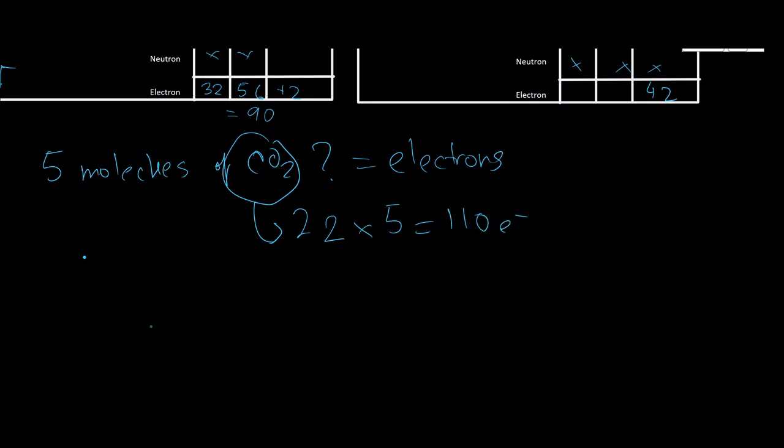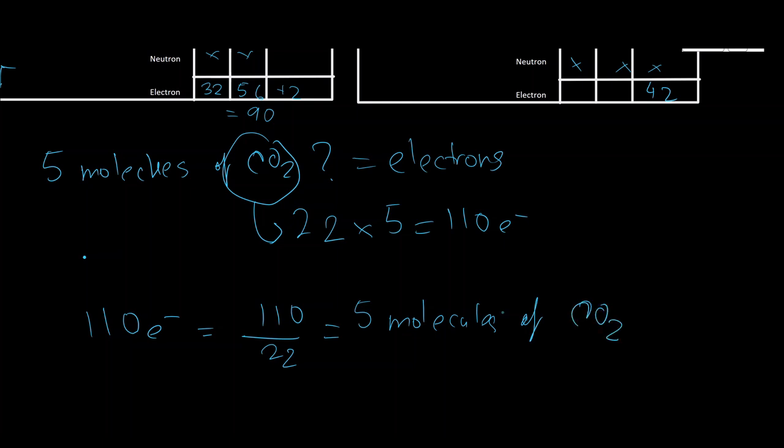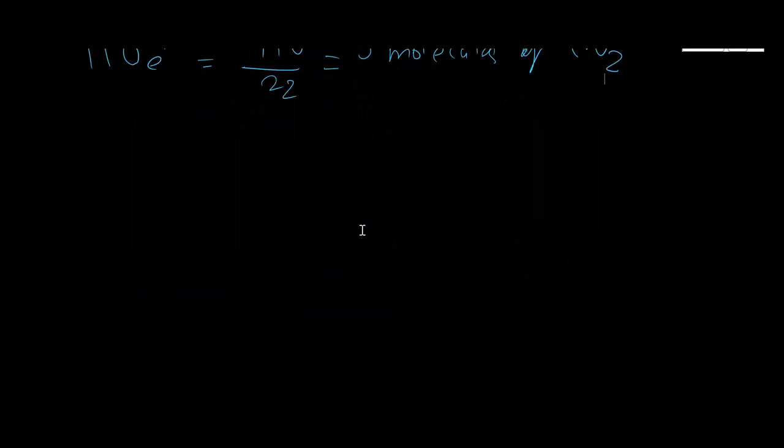Now we could also do it the other way. Let's say we have 110 electrons. Find the number of molecules of CO2 in here. So what we do is just divide, because 22 electrons are contained in one CO2, and then we find out that this is 5 molecules of CO2. So as you can see, it's actually pretty easy. Okay, let's solve another one.